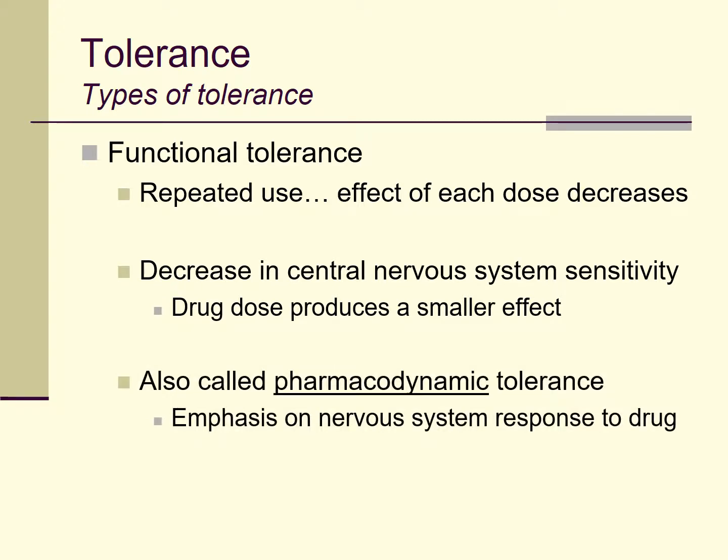Now this is sometimes called pharmacodynamic tolerance, because it really emphasizes changes in the nervous system, how the nervous system responds to the drug, that underlie this form of tolerance. So functional tolerance and pharmacodynamic tolerance go together. Previously, of course, I introduced dispositional tolerance. That is synonymous with pharmacokinetic tolerance. Okay.